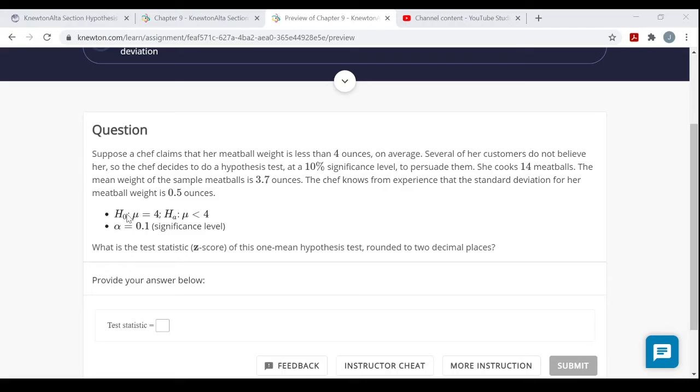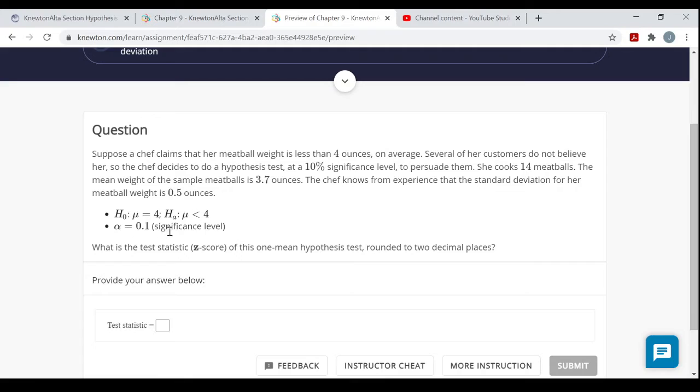And then the null hypothesis always involves equality. So it would be that mu is greater than or equal to 4, which is the opposite of this. But what we're going to be assuming is that mu equals 4. We're going to assume that that is the population mean, the mean weight of all this chef's meatballs.